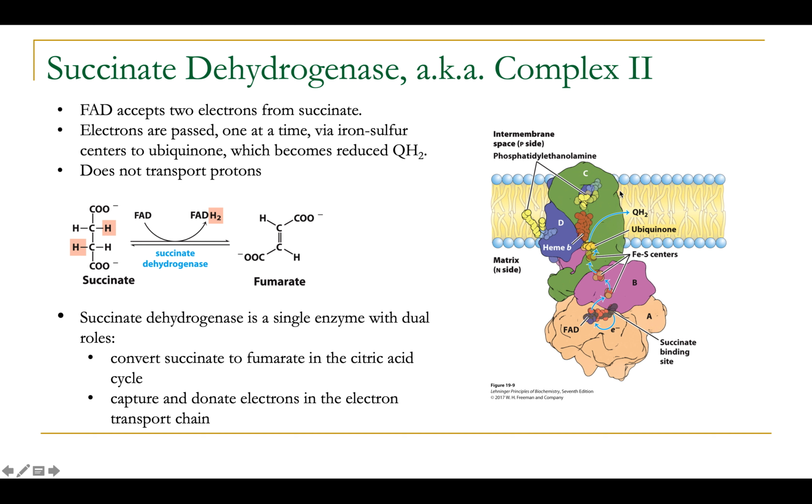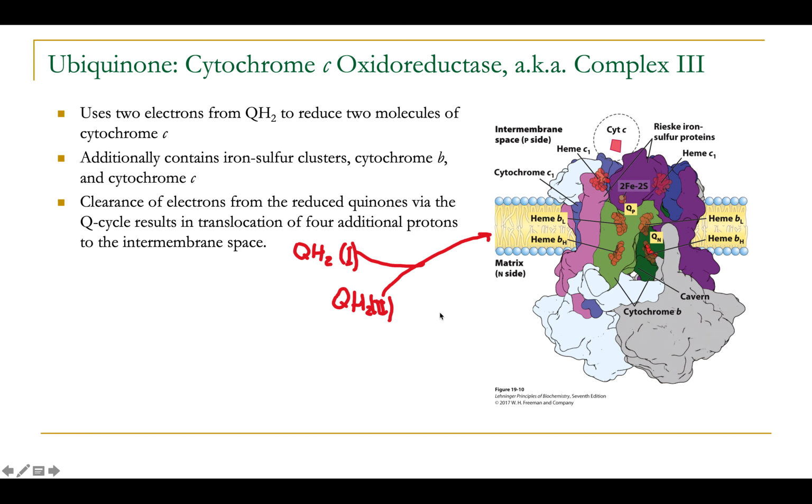Because of that, the free energy release of this transfer is much lower in complex 2 as compared to complex 1, and as a matter of fact it is not sufficient to pump any protons. So complex 2 functions only as an entry point of electrons into the electron transport chain.